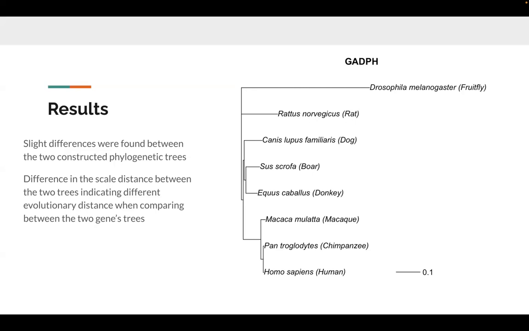So because the scales are different, it means that the gene with the lower distance was more conserved, and over the history of the divergence of all these species, it has stayed more similar and had less of a distance between the gene sequences for all the species.